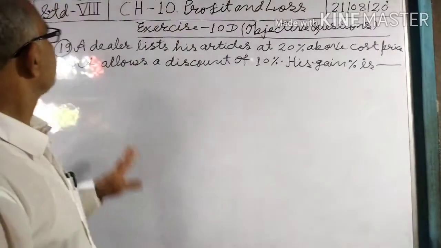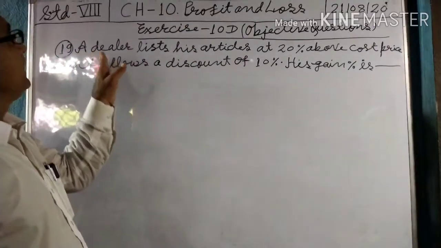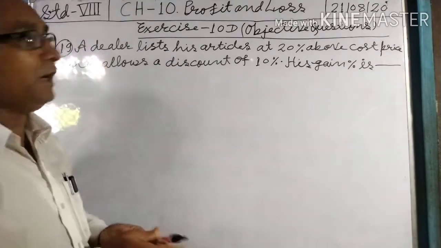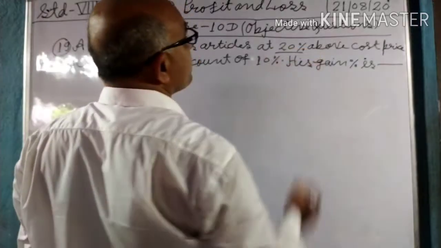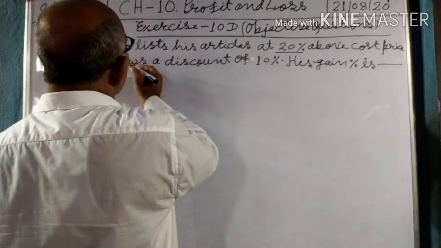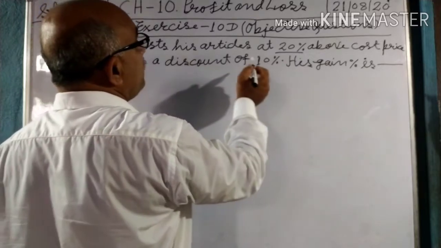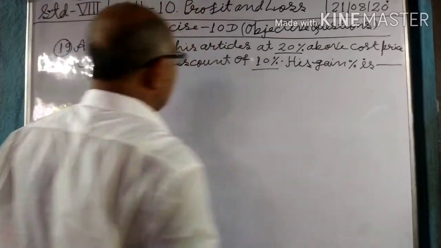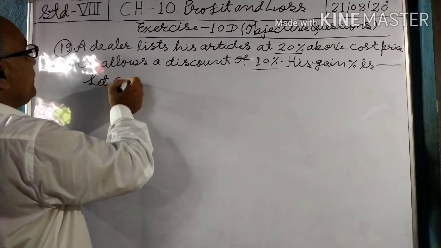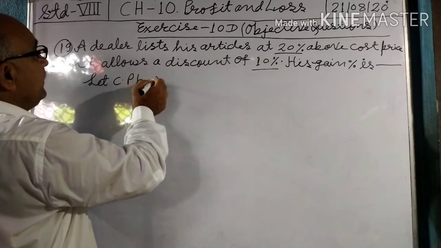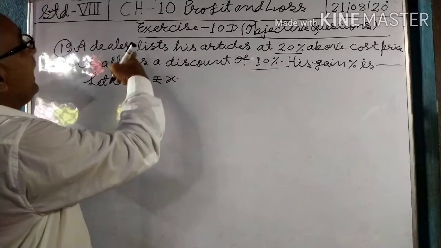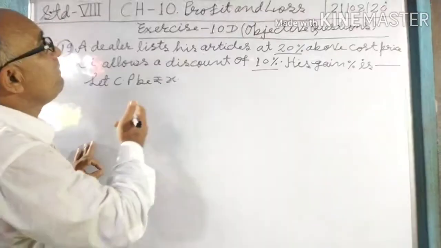Next question is question number 19. A dealer lists his articles at 20% above the cost price and allows a discount of 10%. Find his gain percentage. So let CP be rupees x. And list price, that means mark price, MP.